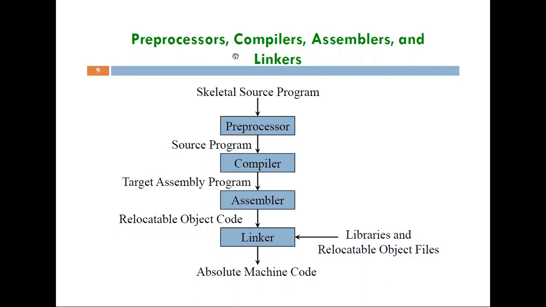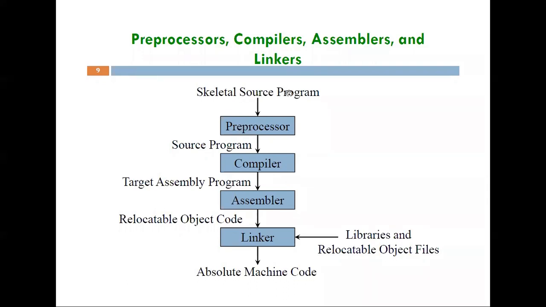Here you can see diagrammatically the relationship among all the cousins of the compiler in the following figure. First the component is the preprocessor, second is the compiler, third is the assembler, fourth is the linker. The same order needs to be maintained. What is the role of the preprocessor? It takes the skeletal source program. Skeletal means just a template, which can be hidden, data abstraction, full implementation not shown.